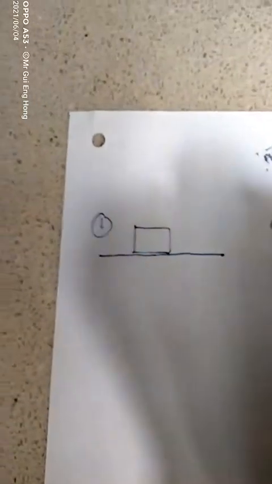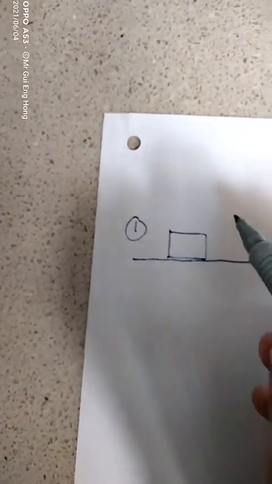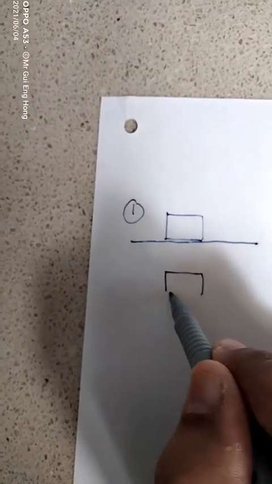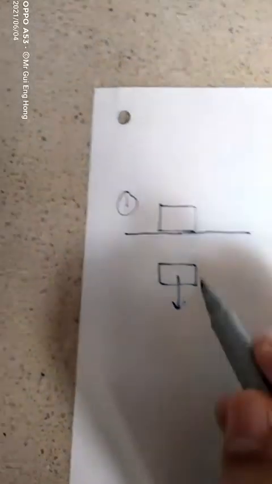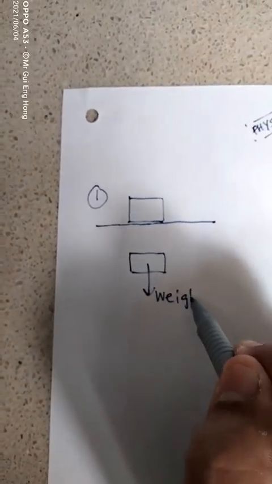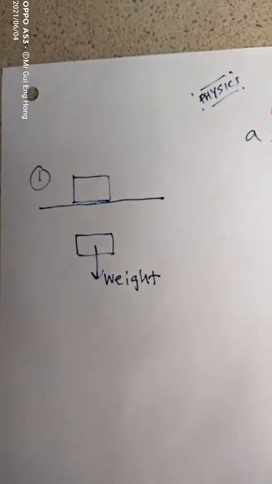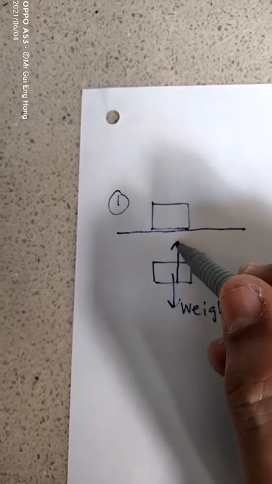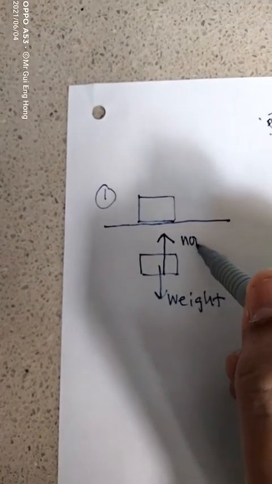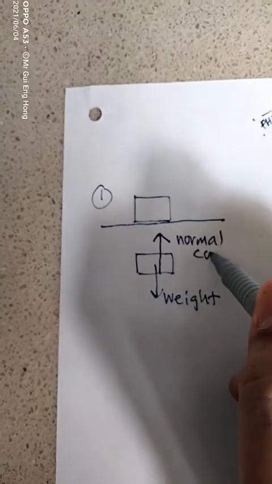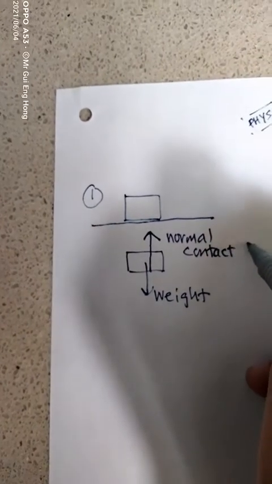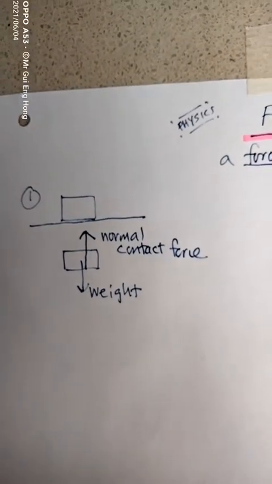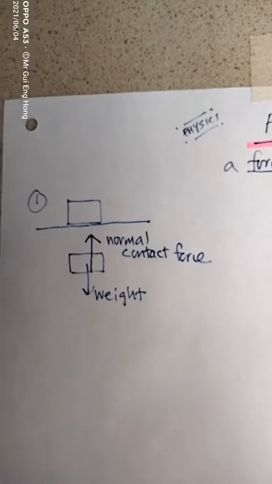If we draw the free body diagram, meaning the box only, there will be the force called the weight, which is the gravitational attraction force by the planet, and a force that the surface pushes upward, which we call the normal contact force by the table on the box. Both forces balance and there is no friction in this case.